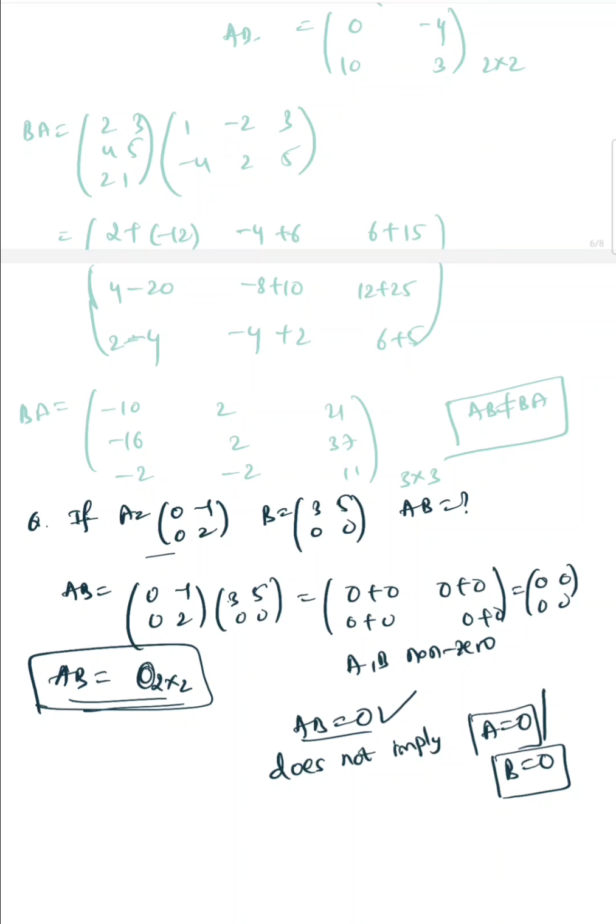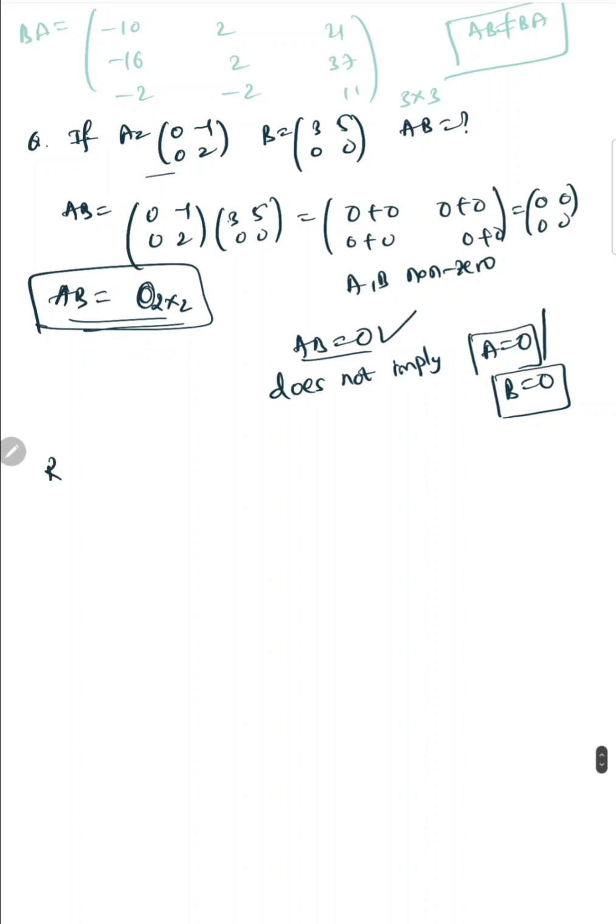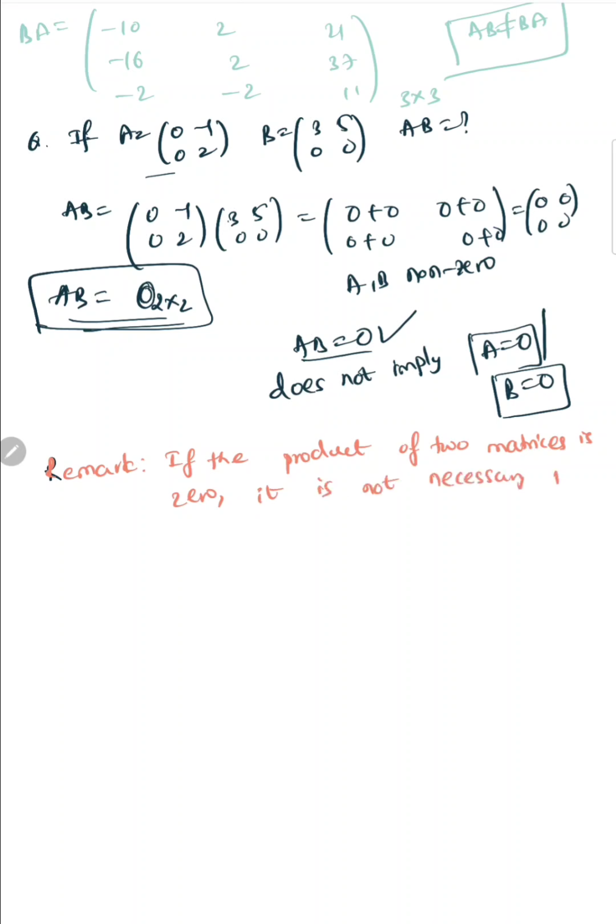We can write it as a remark: if the product of two matrices is 0, it is not necessary that one of the matrices is a 0 matrix. What it says is, if A into B is 0, it doesn't imply that either A is 0 or B is 0.